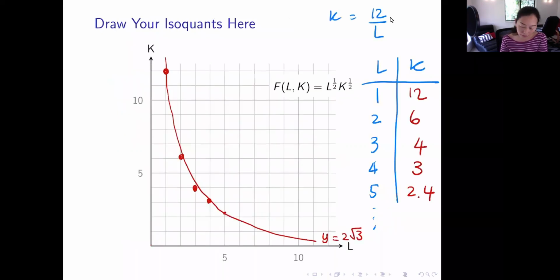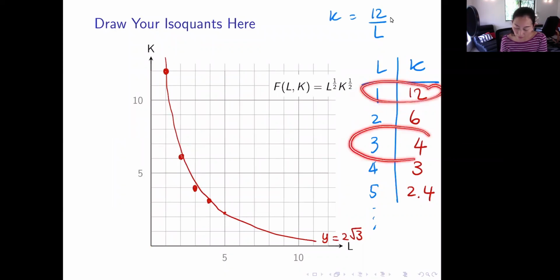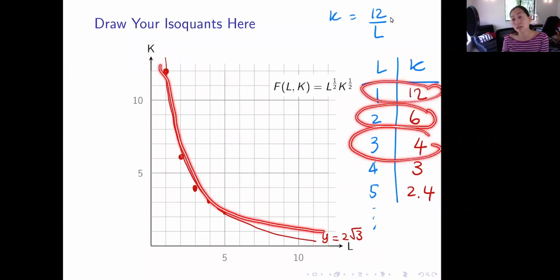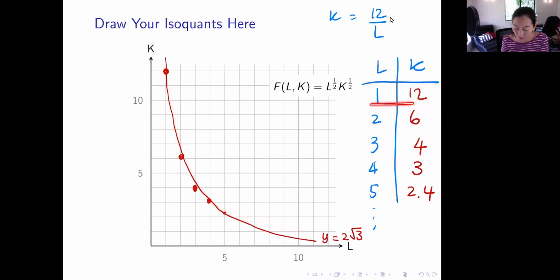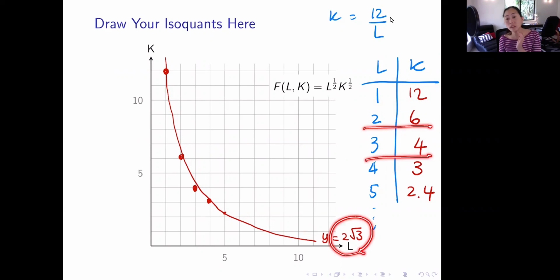So for this one, you recall this, you can see that either this bundle of L and K, or this bundle of L and K, or this bundle of L and K, it's on the same isoquant. So you can employ 1 unit of L and 12 units of K, or 2 units of L and 6 units of K, or 3 units of L and 4 units of K. And still you can get the same amount of output, which is 2 times the square root of 3, right?